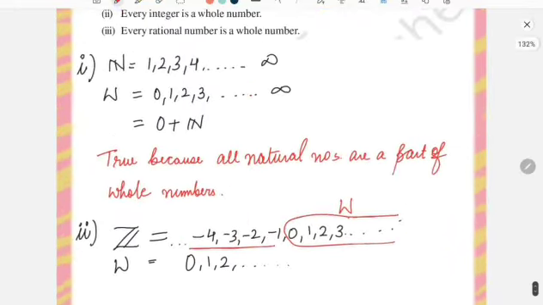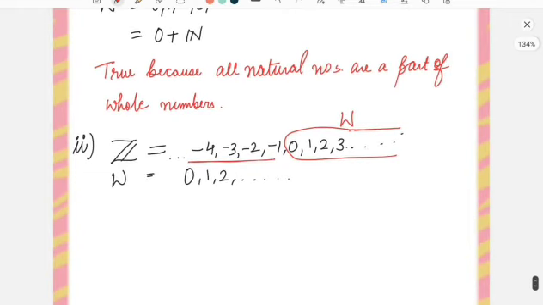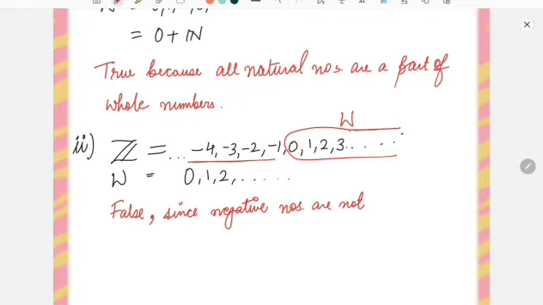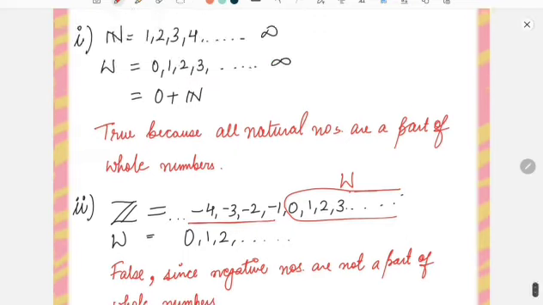What does it mean? इसका क्या मतलब है? क्या सारे integers whole numbers हैं? नहीं. So the given statement to us is false, since negative numbers are not a part of whole numbers. Next, let's move to the next one.